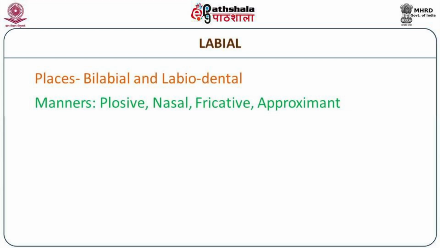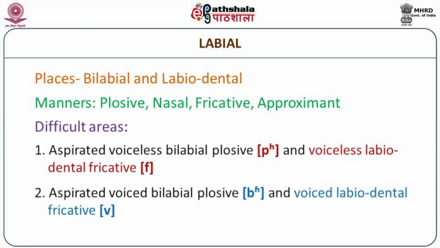Now, when we look at the labial sounds, for many speakers, there are certain difficult areas that we should pay attention to. For example, the plosive sound p, which is a bilabial sound, and the fricative sound f, which is a labiodental sound, are sometimes not distinguished in the speech of some speakers.